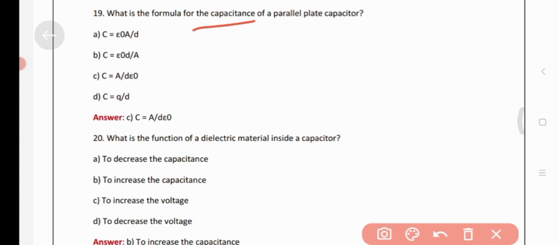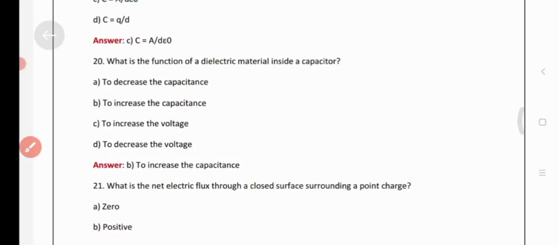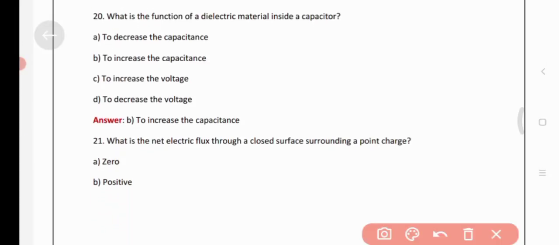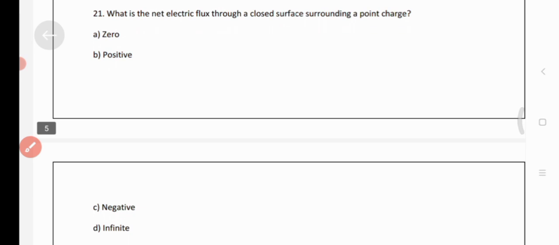What is the formula for the capacitance of a parallel plate capacitor? Option C, C equal to epsilon naught A by D. What is the function of a dielectric material inside a capacitor? Option B, to increase the capacitance.